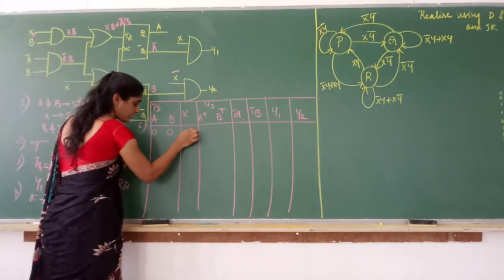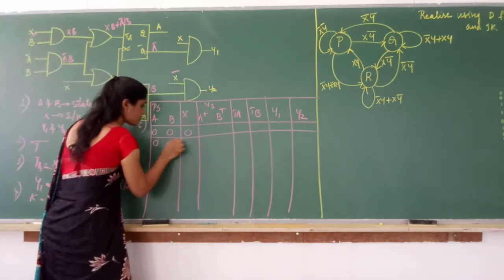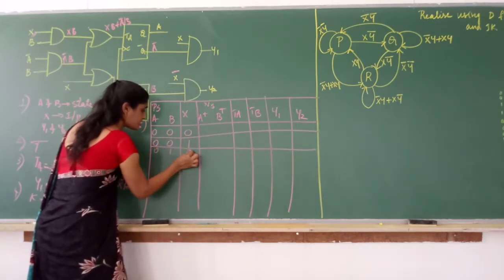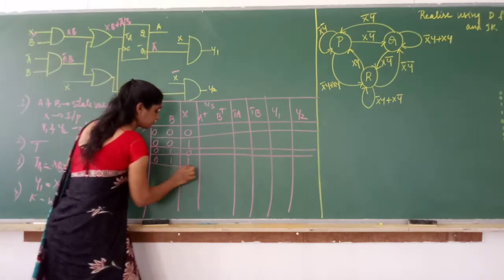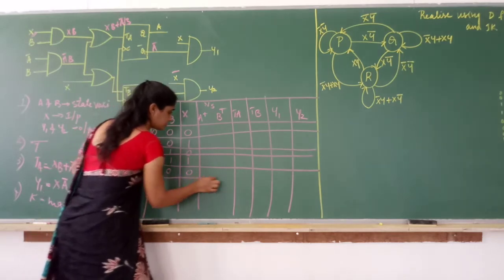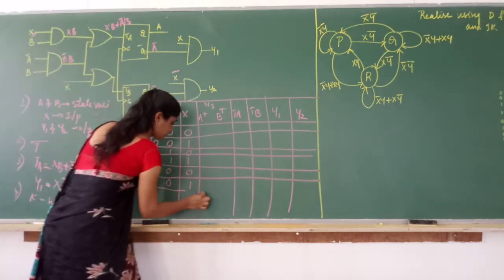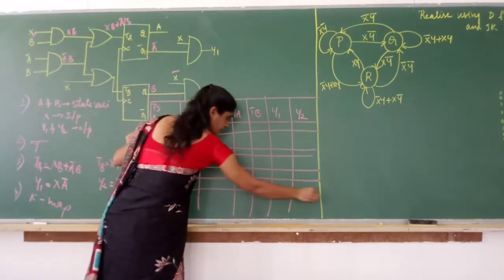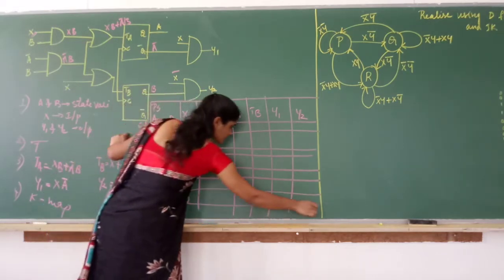So write all the 8 combinations: 0 0 0, 0 0 1, 0 1 0, 0 1 1, 1 0 0, 1 0 1, 1 1 0, and lastly 1 1 1.